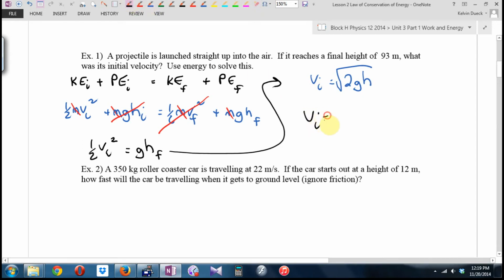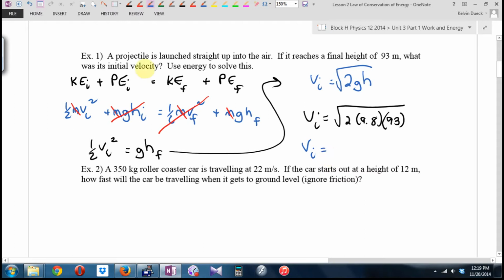The initial velocity, and you'll notice I'm ditching vectors, this is scalar land, is going to be the square root of 2 times 9.8 times 93. How fast did we leave the ground at? What speed?